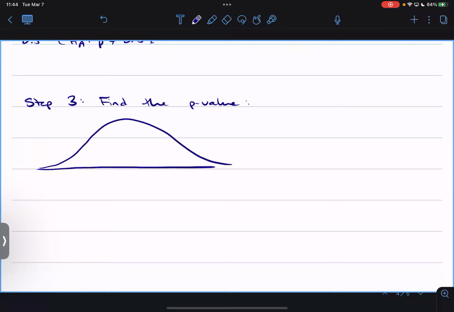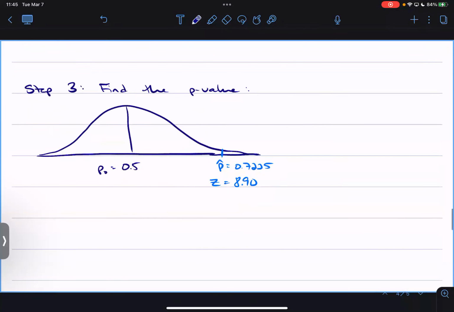So I have this distribution and it's centered on 0.5. P naught is equal to 0.5. And then somewhere way out here is P hat equal to 0.7225, which had a Z of 8.9. I want to find a range for these values. It's going to be very, very far out in the table. But how do I start this?